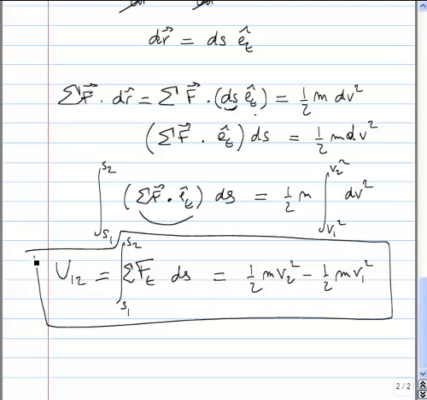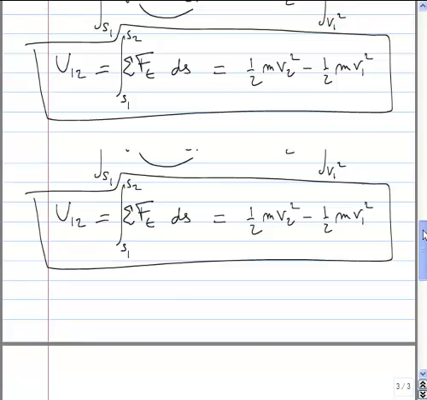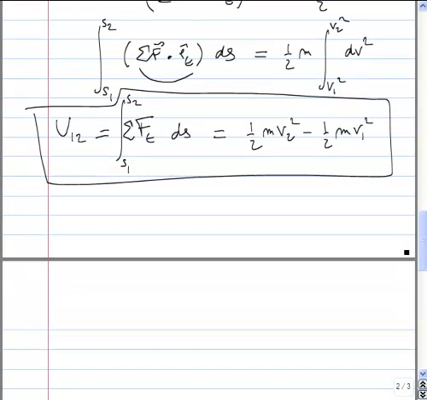And that's the work done. So the interesting and important aspect of this is when you travel along a path, you only care about the tangential component of the sum of the forces. The normal component will do no work, only the tangential.